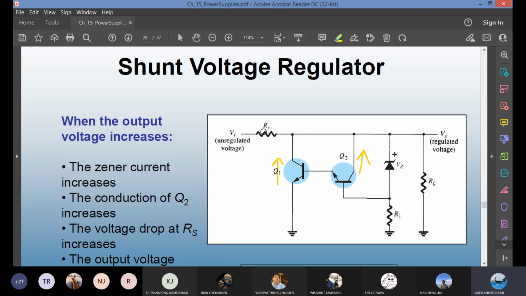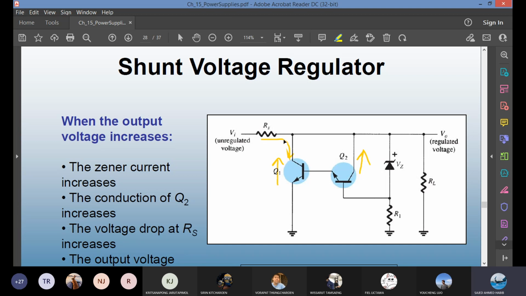The voltage drop also increases. Now this current is the collector current. It increases when you increase the current across. This current is increasing, it is flowing through RS. The voltage drop will also increase because V equals IR. You keep R fixed.